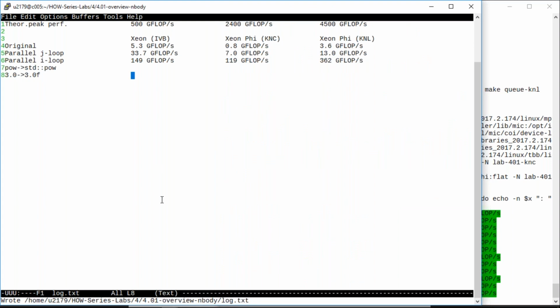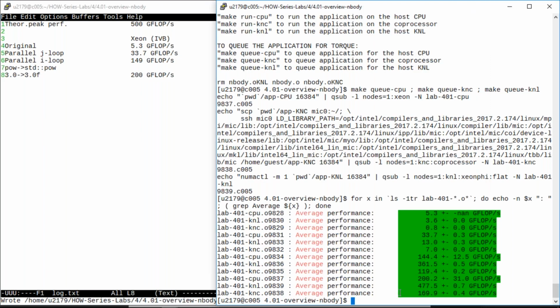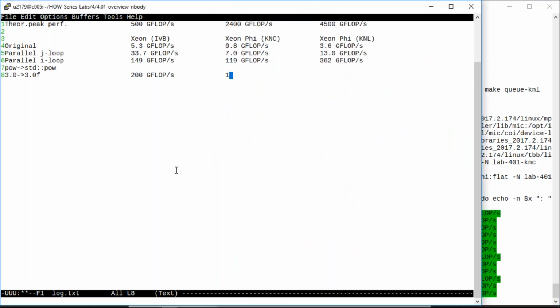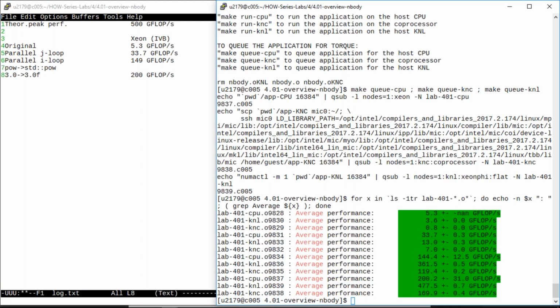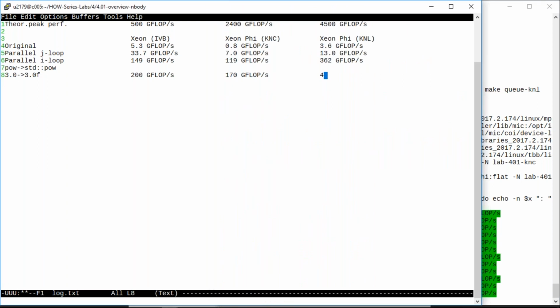So now CPU gives us 200 gigaflops per second. Knight's Corner gives us 170, and Knight's Landing gives us 478. Well, not a bad performance boost from just scalar tuning, changing the nature of the operations that I'm running.